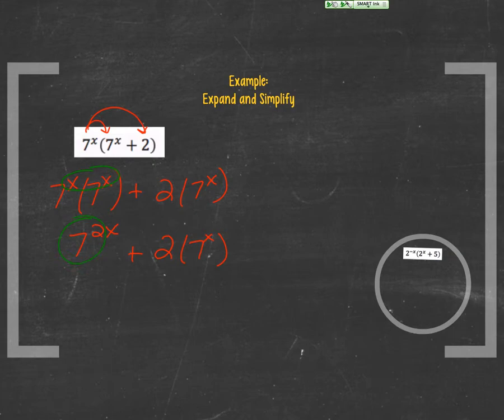That's like 7 squared, right? So we are going to square that, and 7 squared is 49, so our final answer is going to be 49 to the x power plus 2 times 7 to the x power. I know you know how to distribute, but it's just getting used to the way this stuff looks.